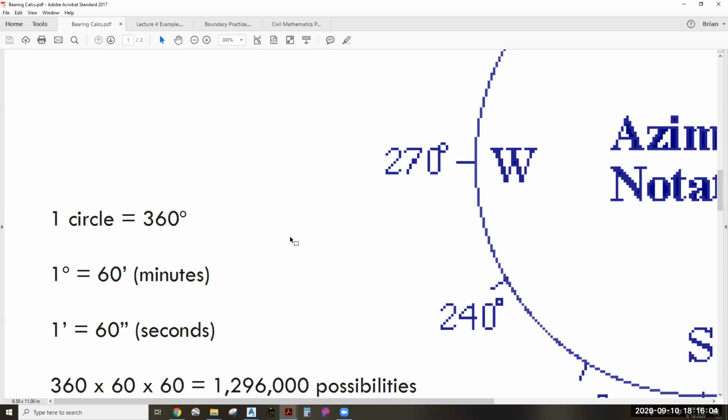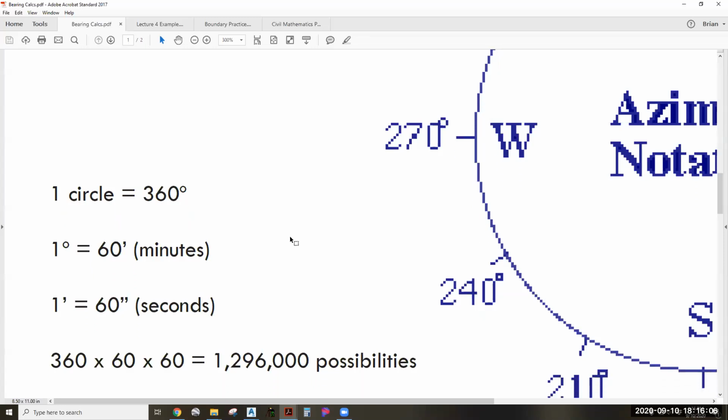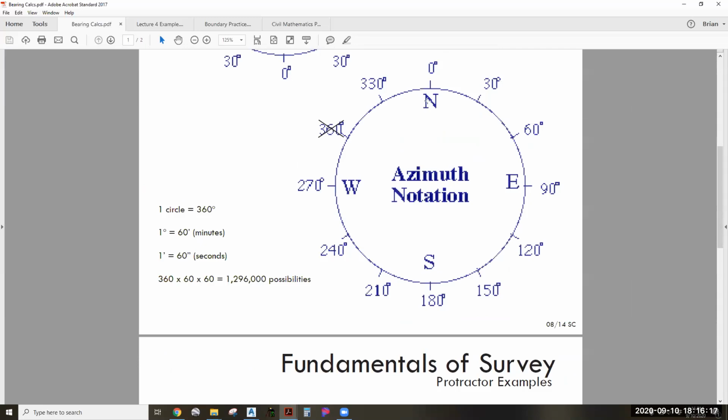Our technology these days is actually way more precise than how we note it on a map, but we have 1.296 million possibilities in terms of the angle in which a line can be drawn in this compass. Every degree can be divided into 60 equal parts, and each of those minutes can be divided into 60 equal parts, known as seconds. Any questions on that?